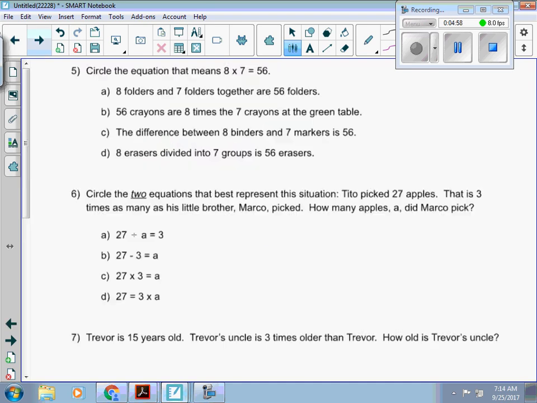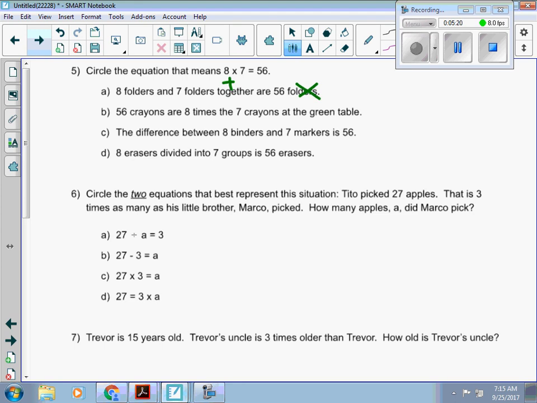Okay, the second page. Circle the equation. 8 times 7 equals 56. So I'm looking for, in my story, something that indicates the multiplication between 8 and 7. Letter A says 8 folders and 7 folders together. Well, together typically means add, so that one won't work.